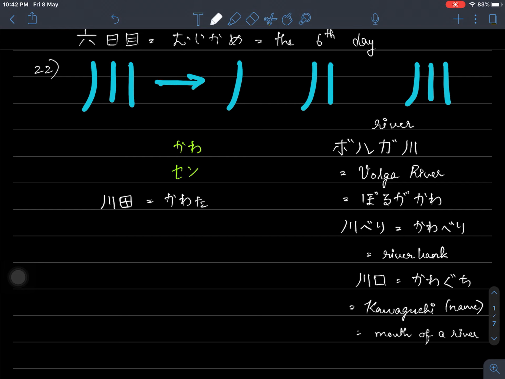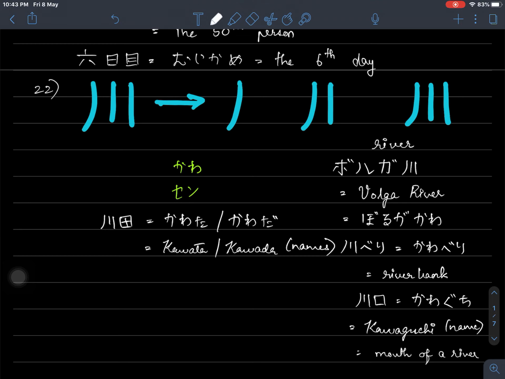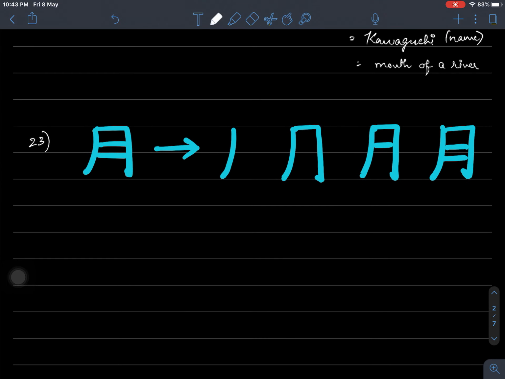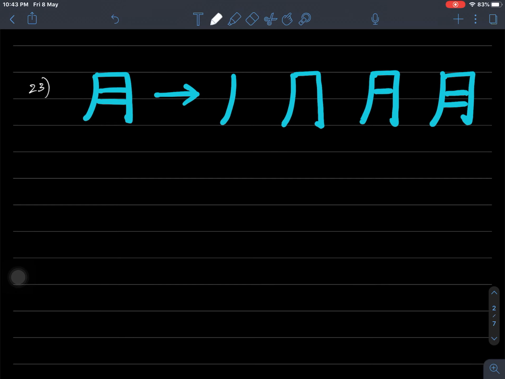So this is Kawata or Kawada. And these are both names. Okay, these are some examples for this kanji. Okay, so let's move on to the next kanji.